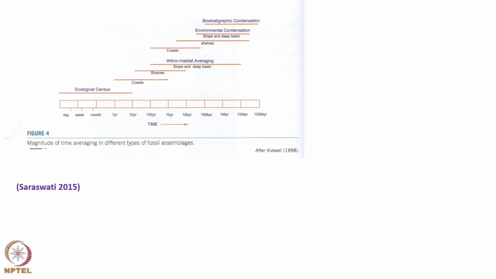What are the different magnitudes of time averaging in different types of fossil assemblages? In case of a coastal region, the variation can be 1 year to 1000 years. In the shelves, it can be more than 10 years up to 10 kilo years. In the coastal area, it can be say 90 years up to 90 or 80 kilo years, and similar age ranges exist for the shelves.